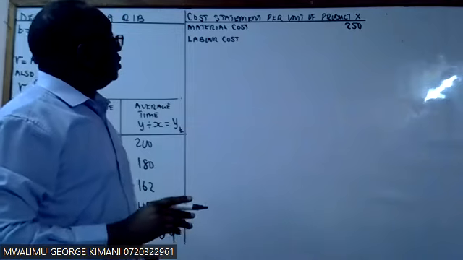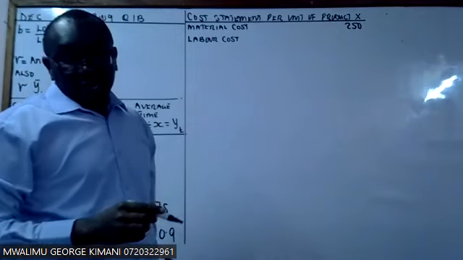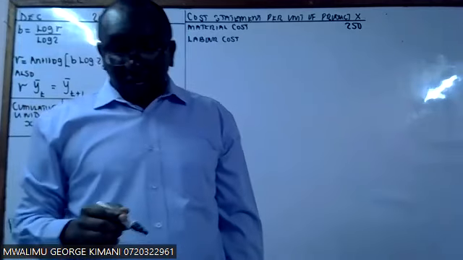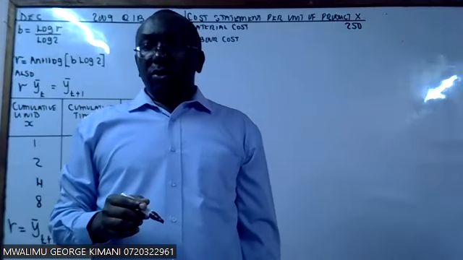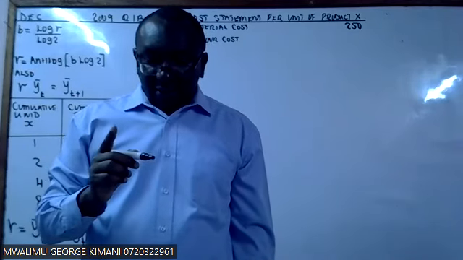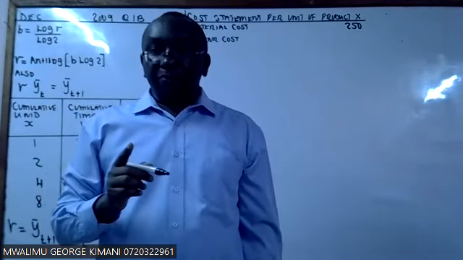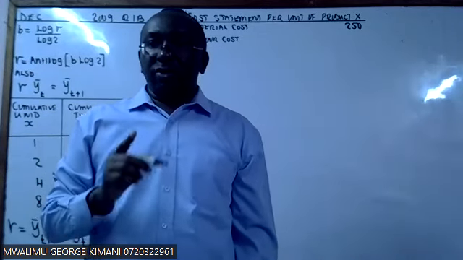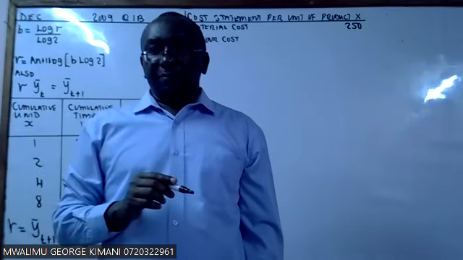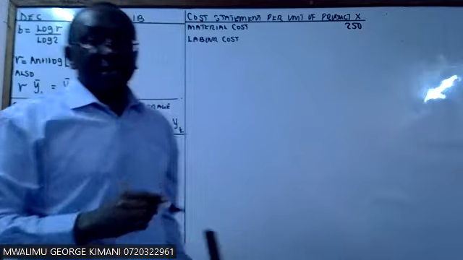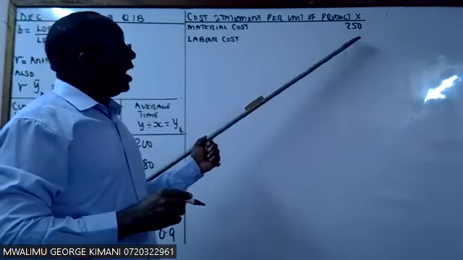So that one we are going to leave it blank for now until we do the working. And what working are we going to do? The examiner has told us the labor cost is 10 shillings per hour. So we must get to know how many hours are required to make 1 unit. And once we get those hours, we now multiply by these 10 to record the answer there.